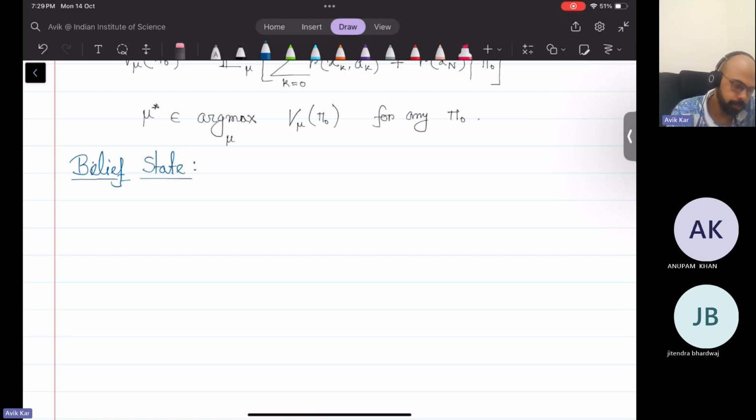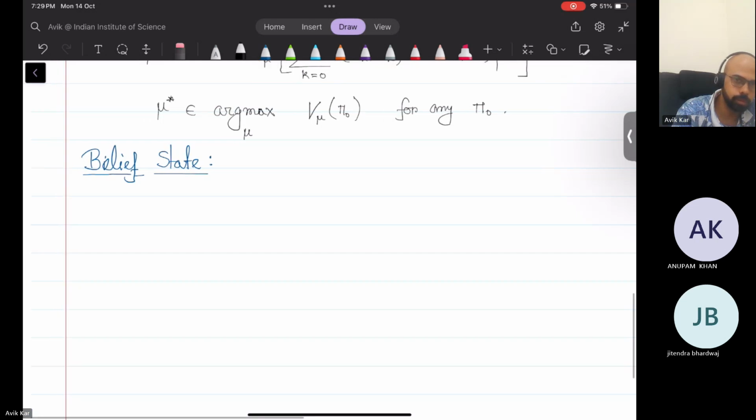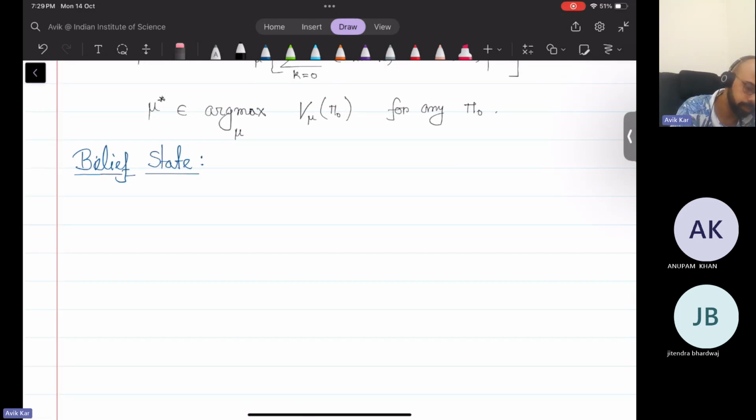So here we have seen that there is no guarantee that Markov policies are optimal. So for a POMDP, the optimal action chosen by the controller is of the form a_k = μ_k(I_k), where I_k is the information till time k.